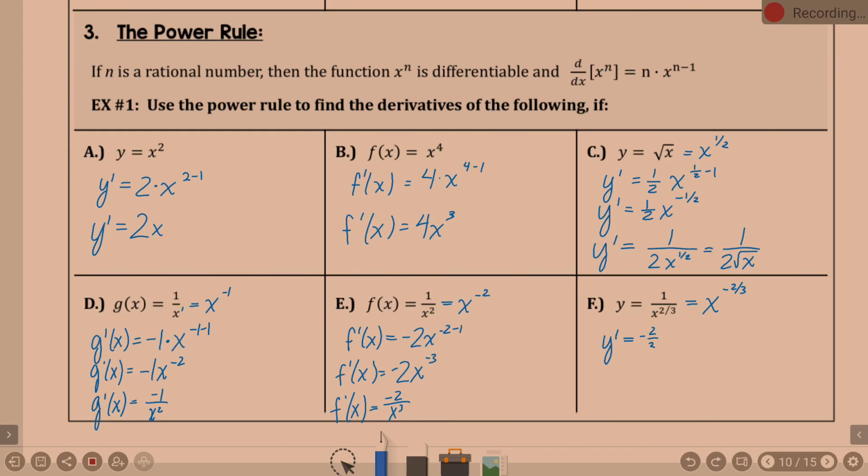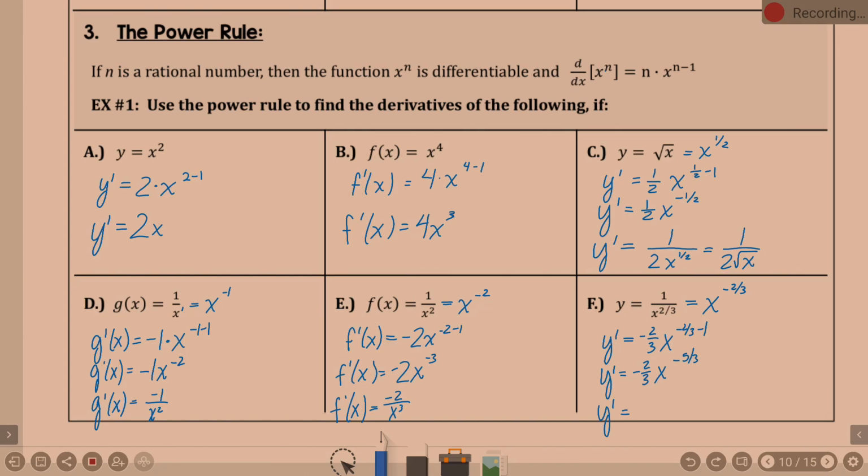are you there? Don't look up here till you're ready to check yourself. Although I'm going to wait to write the final step, but did you get your exponent? We move the negative 2/3 out front, and the exponent, I'm doing negative 2/3 minus 1.